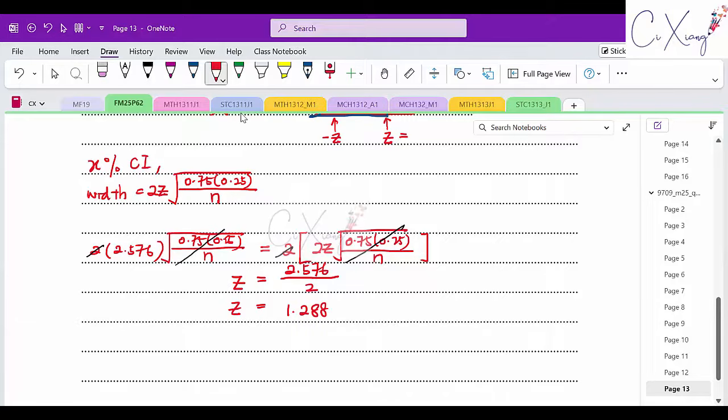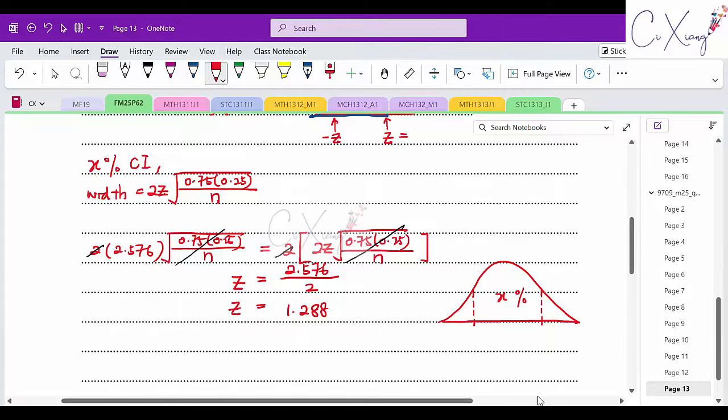Okay, so now I successfully get the value of Z, so I have to do it in the reverse way, in the opposite sequence, so that I can find the X percentage. Like what I told you earlier, in our confidence interval, this inside here is the X percent. And I know that this particular value of Z is equals to 1.288.